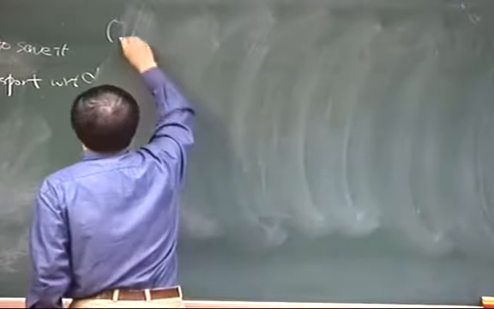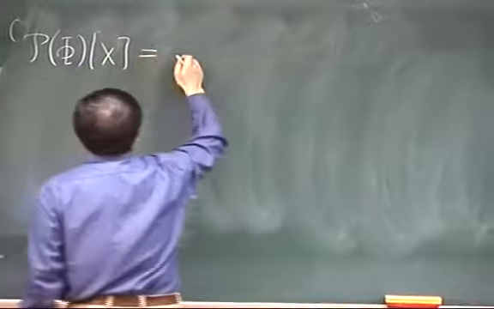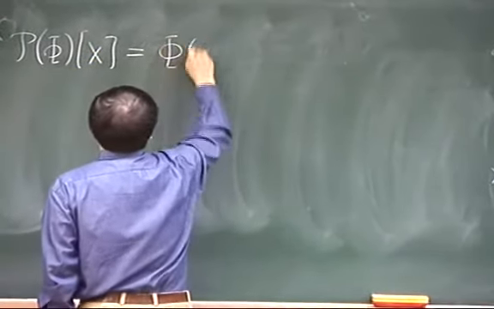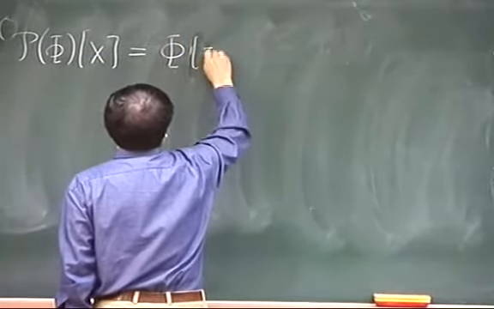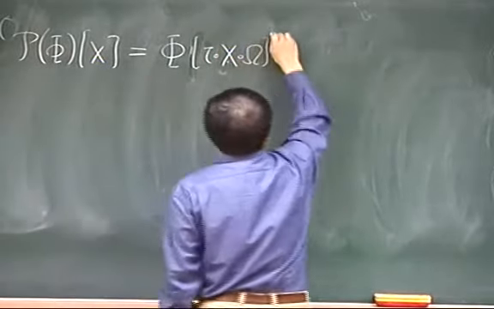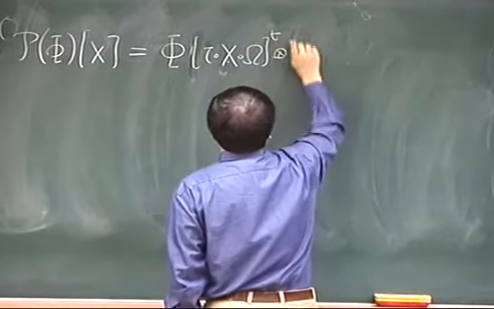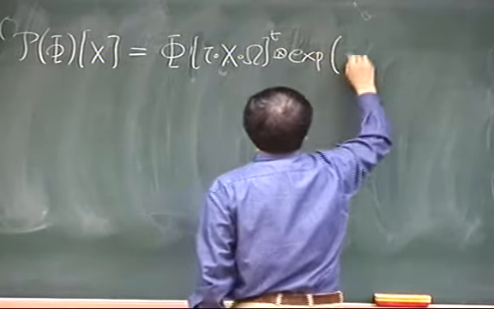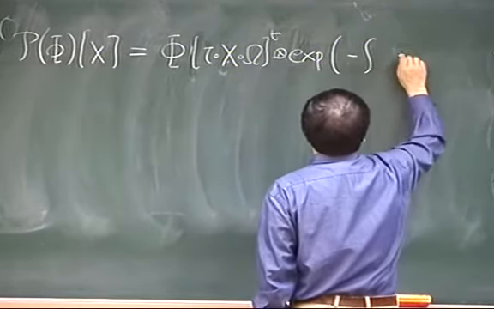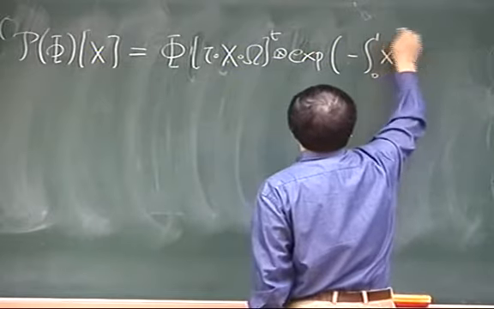So what I want to write here is phi of tau x omega transpose, and also take the parallel transport, so it's exponential of minus x star alpha from 0 to 1.